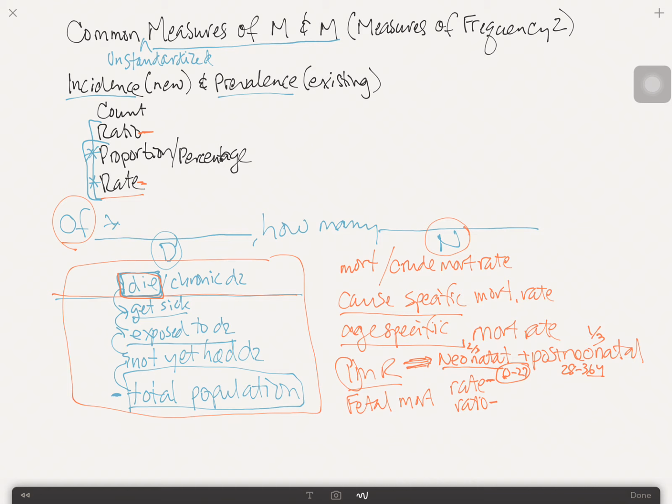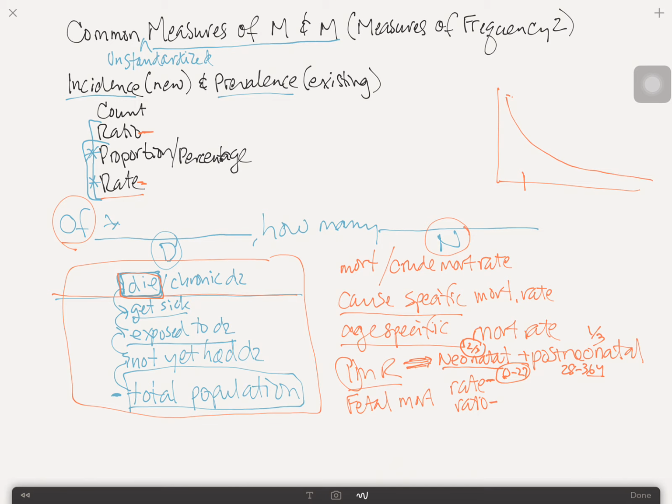And of those during the first day, about 2/3 tend to be during the first hour of life. And of those during the first hour, about 2/3 tend to be during the very first part of that hour. So very early on. It's a curve that if you were to graph it, it drops off pretty quickly.